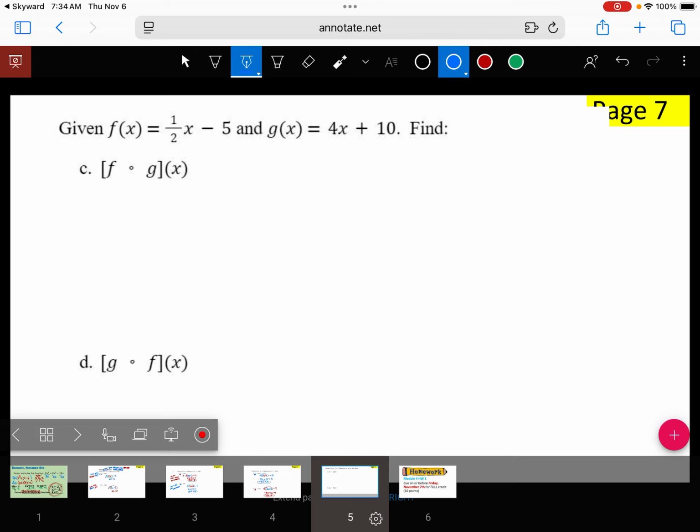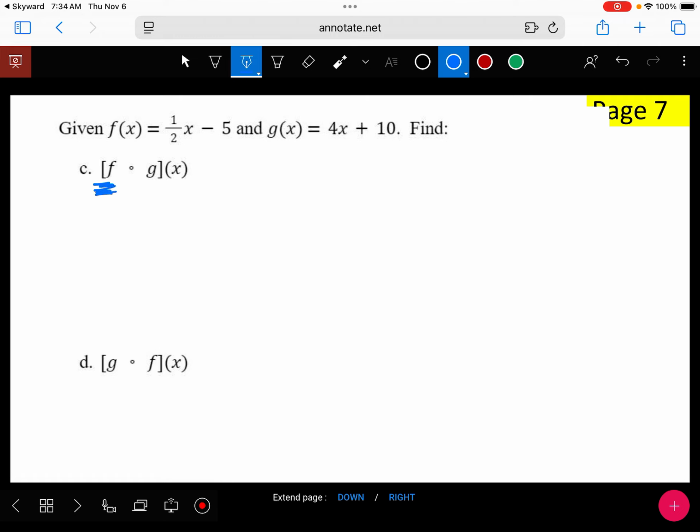All right, so we got our f function. So that would be 1/2 parentheses minus 5. And go ahead and put 4x plus 10 on the inside.